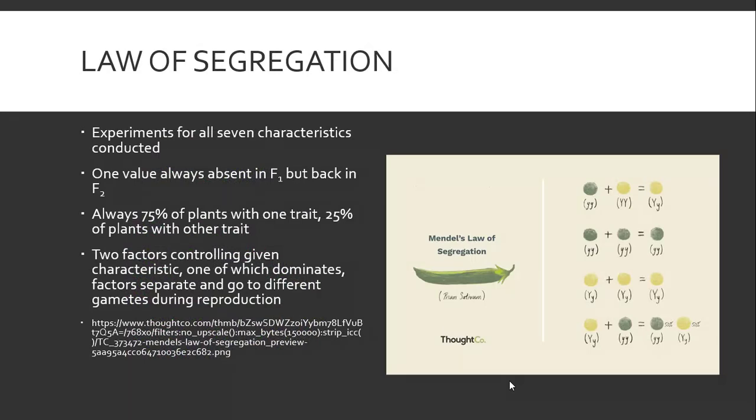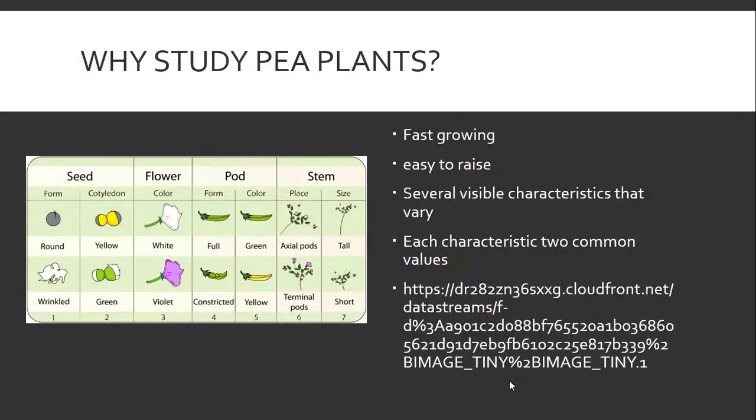He conducted experiments for all 7 characteristics of the pea. So he looked at seed form, seed color, flower color, pod form, pod color, the location of the stem, and the size of the stem.